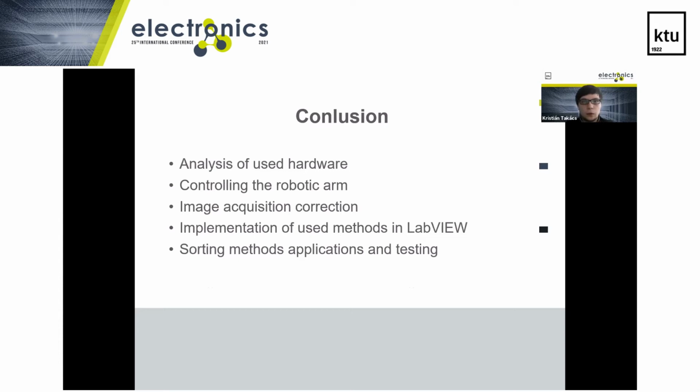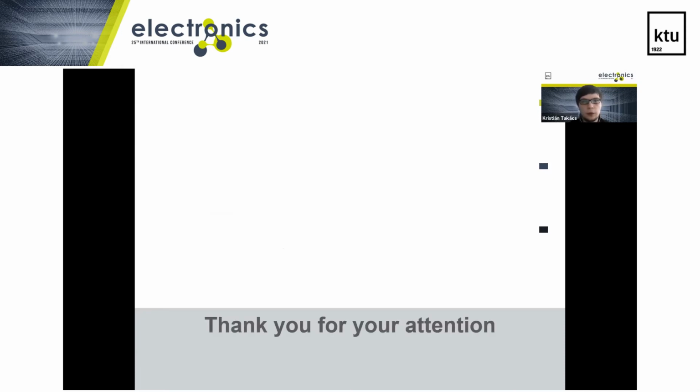The software of the sorting system was designed in the lab environment, and also the color-based searching methods, the searching method based on shape factor, the color balancing sub-algorithm, and a sub-algorithm for controlling the robotic arm were implemented in this environment. Thank you for your attention, and feel free to ask anything.